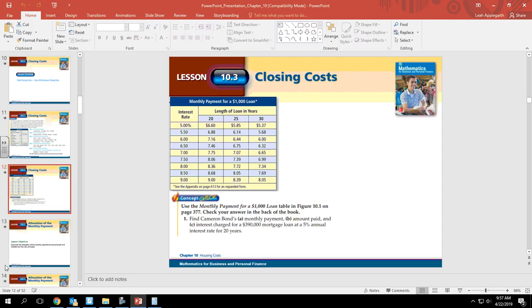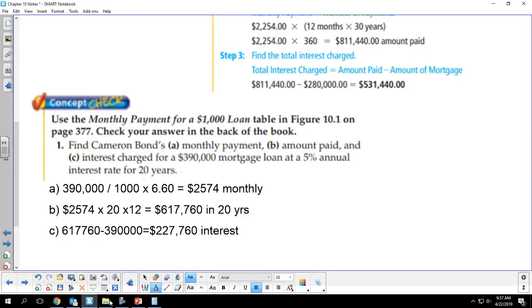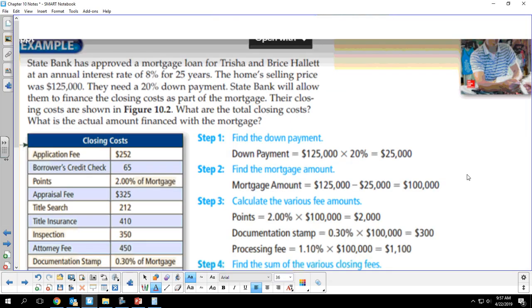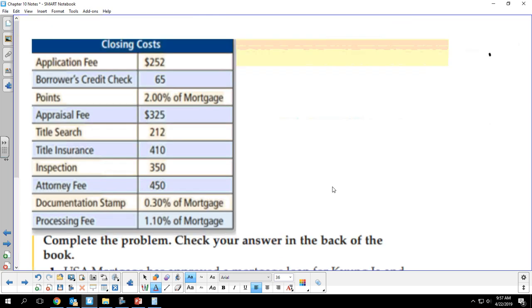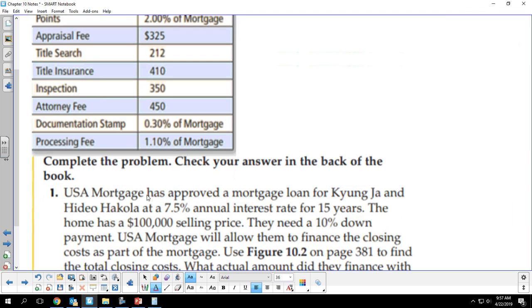Okay, let's take a peek at what that looks like in our notes, okay. So we have USA Mortgage is going to give a loan to Kuyang and Hideo, and they're going to go 7.5% annual interest for 15 years.